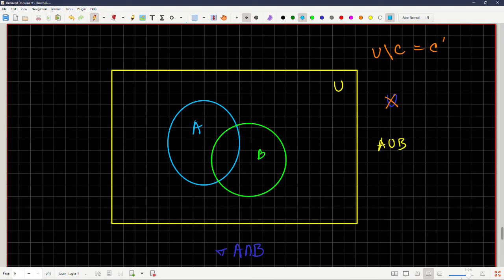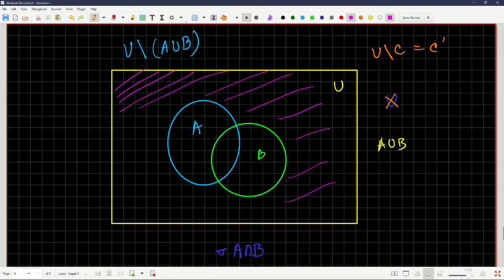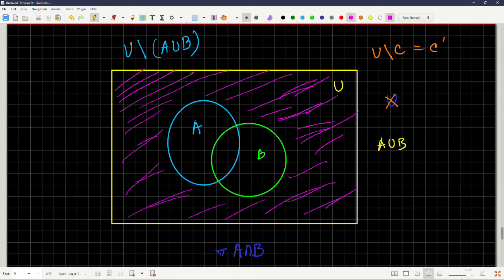So if you want to have this sort of a region, let's say U difference with A union B, then this will be your region. This pink shaded region is the region for the complement of A union B, or you can write it as A union B complement.